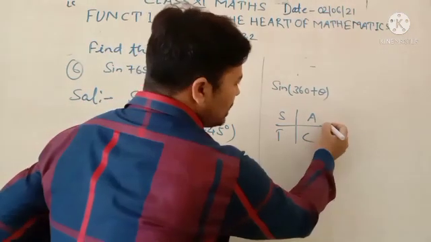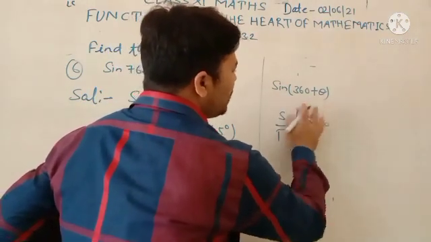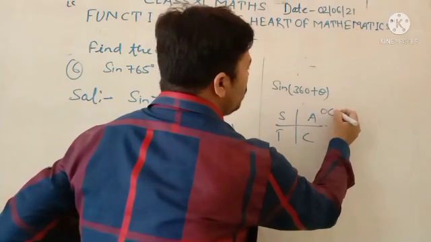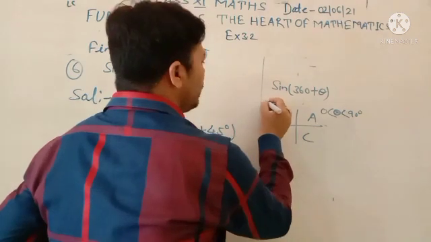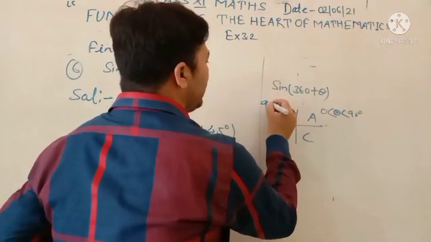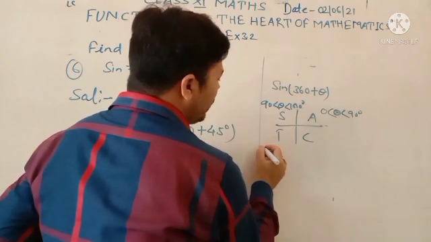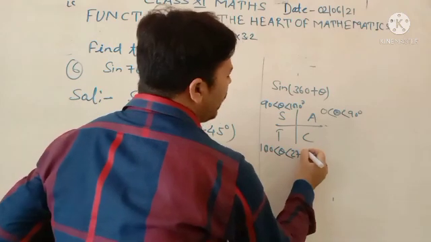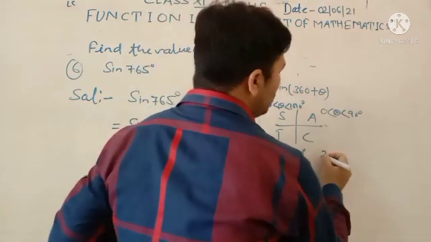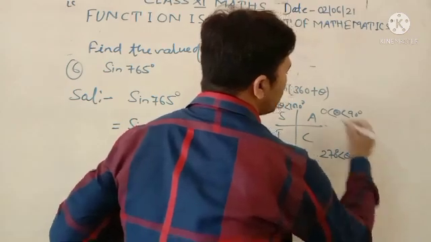The first quadrant is from 0 to 90 degrees, meaning theta lies between 0 and 90 degrees. In the second quadrant theta lies between 90 and 180 degrees, in the third quadrant between 180 and 270 degrees, and in the fourth quadrant between 270 and 360 degrees.